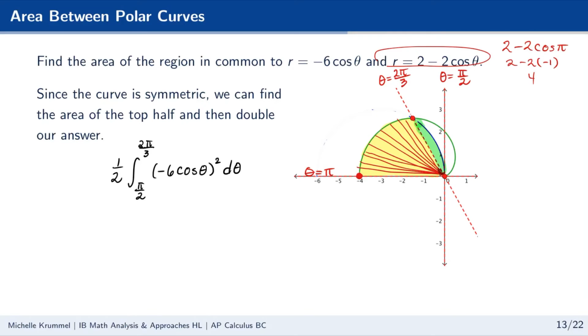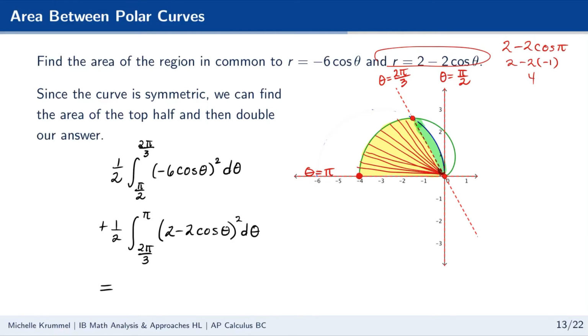So our other integral goes from 2π/3 to π, and it's the cardioid equation, (2 minus 2 cosine θ) squared dθ. So we would add these two integrals together now to get our answer, and we also have to remember to multiply by 2, because we're really only finding half of the region we're looking for.